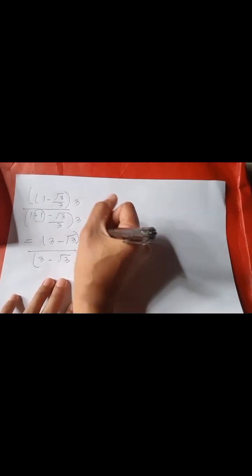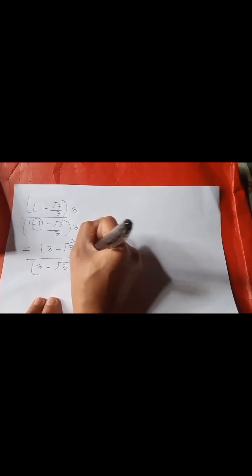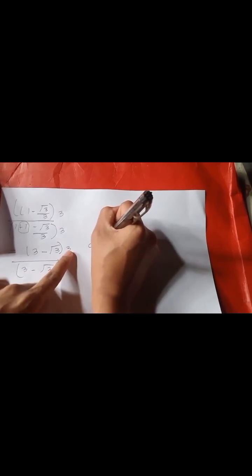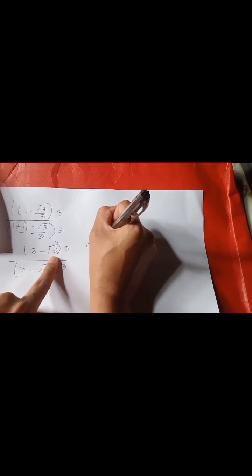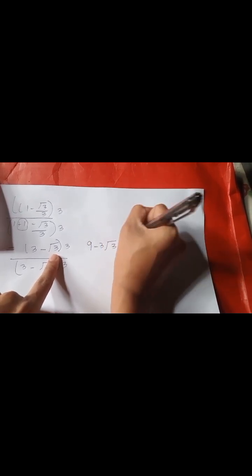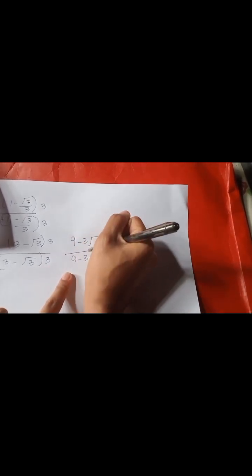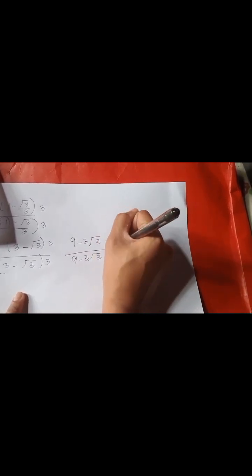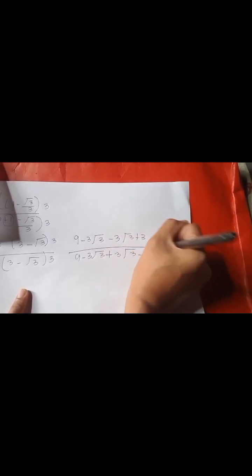So next, let's put 3 here. So 3 times 3 is equal to 9 minus 3 times square root of 3 is equal to 3 square root of 3 minus 3, and square root of 3 plus 3 over the same process. 3 times 3 equal to 9 plus 3 times square root of 3 is 3 square root of 3 minus 3.